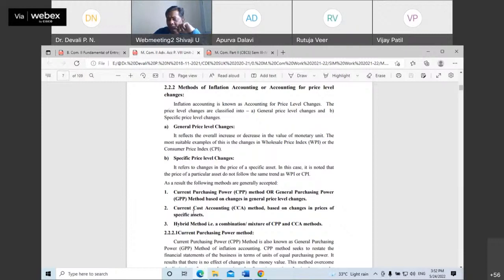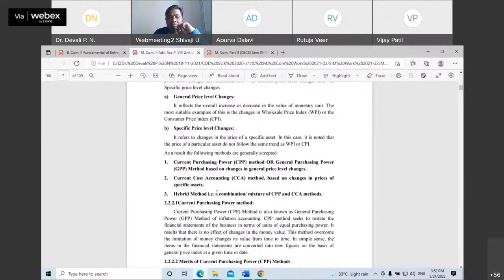Whatever changes there may be cannot be considered in a true and fair manner in respect of the inflation position.